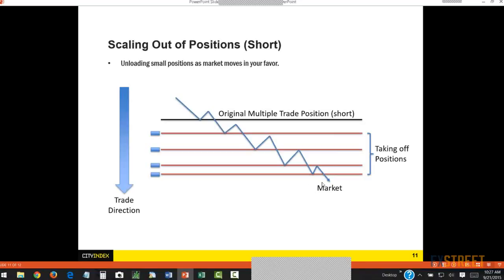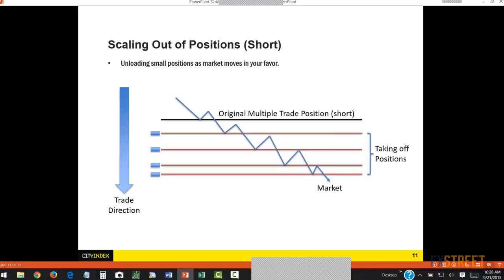And of course, if the market does not run in your direction and comes back and takes you out, you've essentially lessened your risk. You've decreased your risk. You've locked in some profit, and if you're also moving your stop loss, then you've managed to decrease your risk tremendously that way. If you are risk averse and you want to trade, oftentimes you see people get into full positions, and then it goes in their favor.